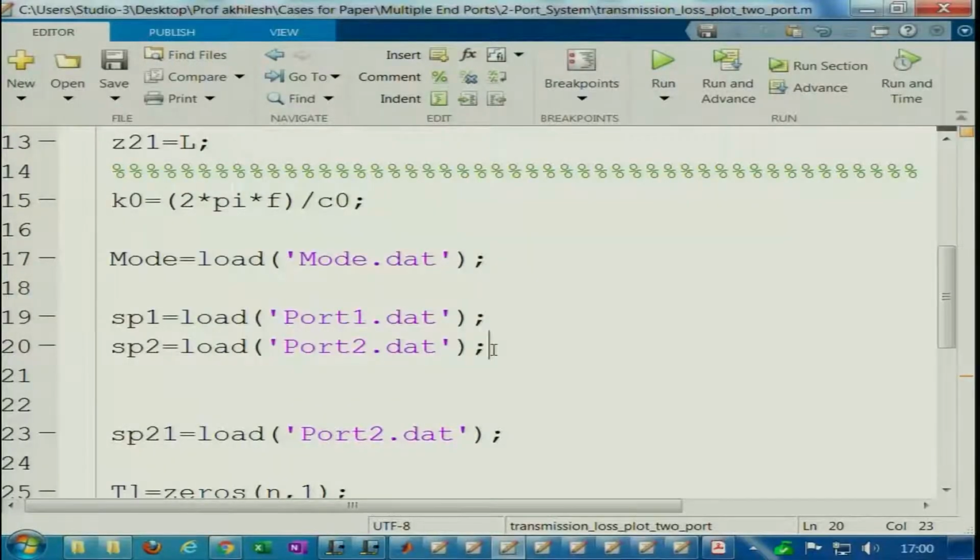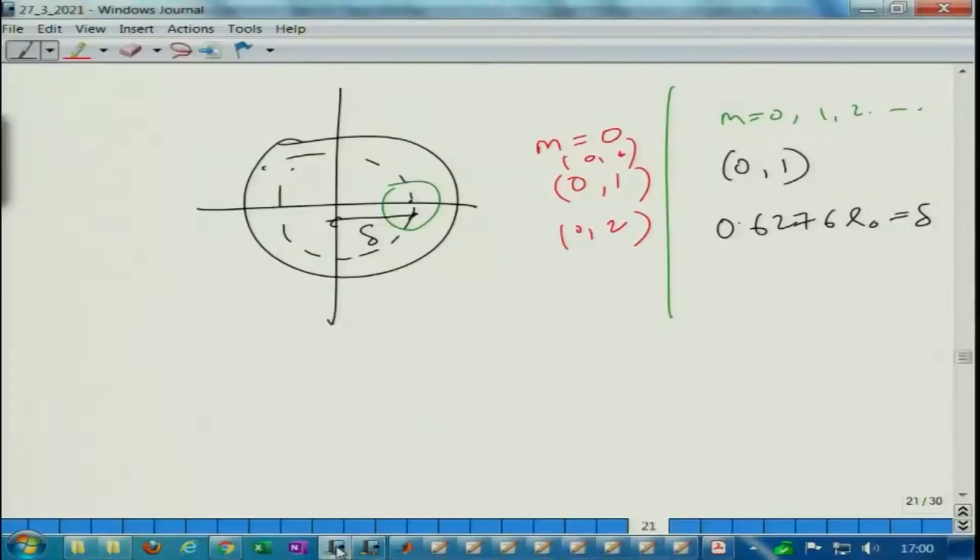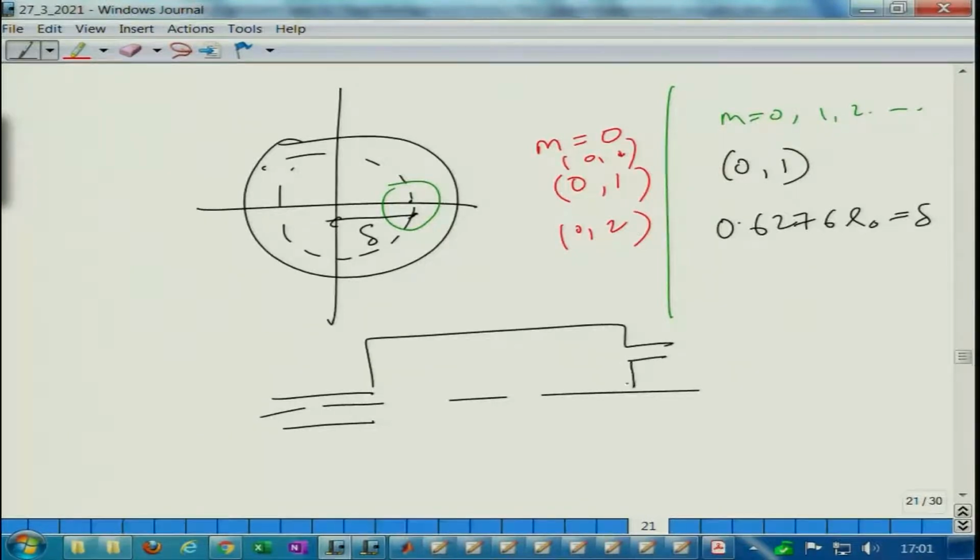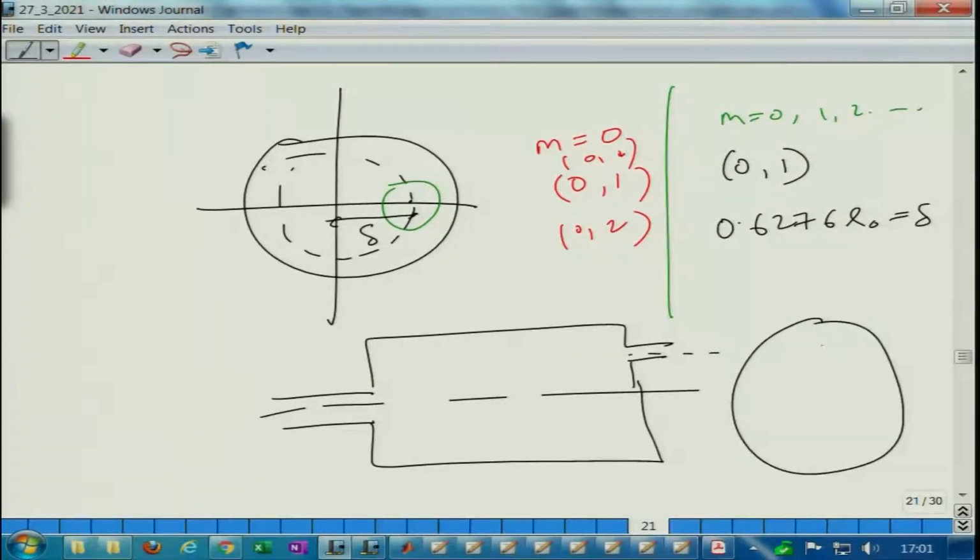So, what we are trying to study here is, let us say we have an expansion chamber. This port can be located somewhere here, and circular, so inlet and outlet.